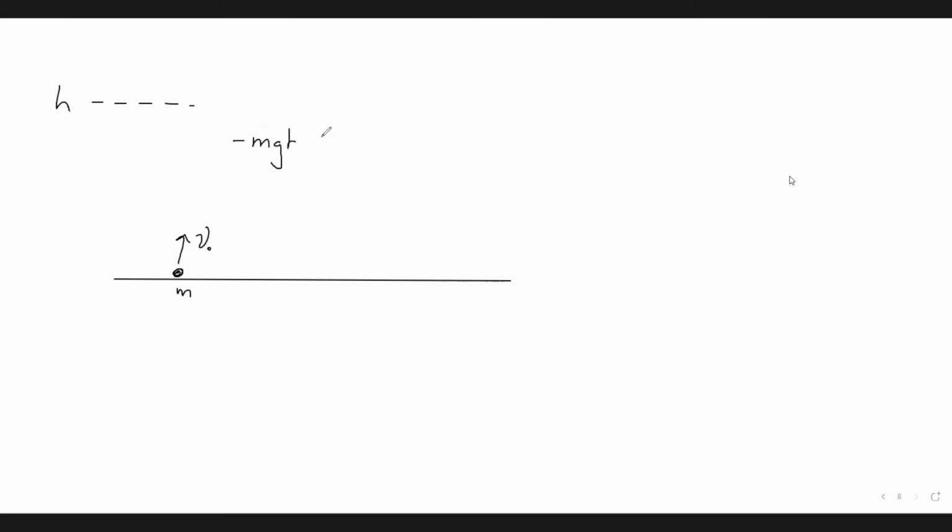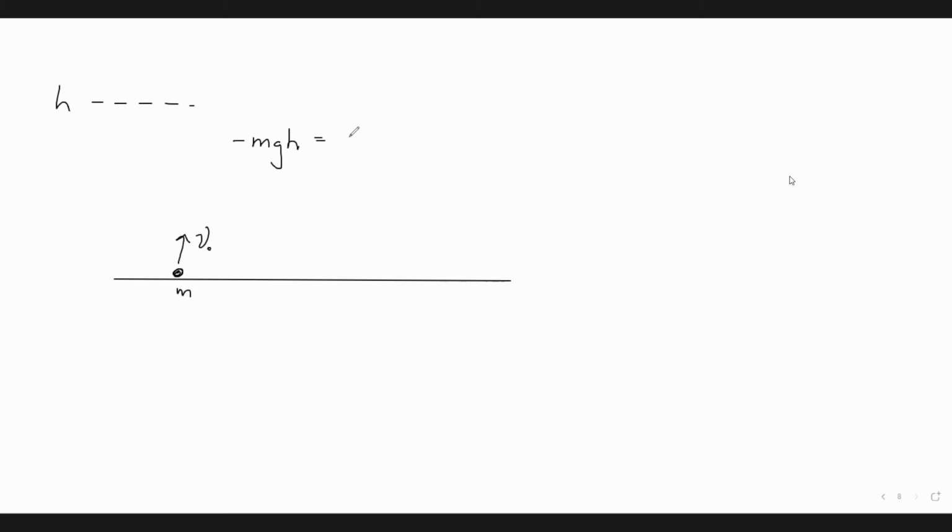That has to be equal to the change in kinetic energy. Well, it starts off initially with kinetic energy 1/2 mv0 squared. But when it gets to the top, it's not moving because it's a turning point. That means that its velocity is 0.